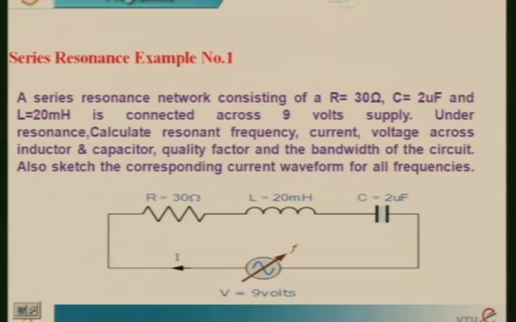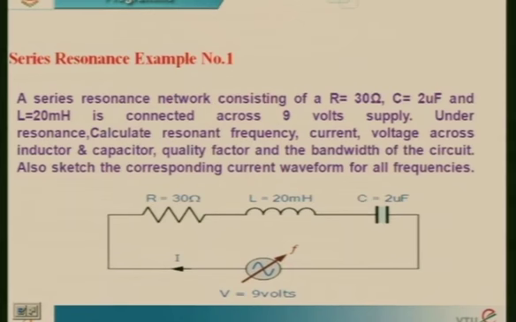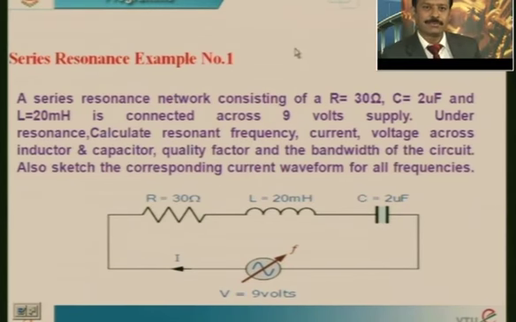Next, let us solve a few examples of series resonance and parallel resonance. In this first problem, a series resonance network consisting of resistance 30 ohm, capacitor 2 microfarad and inductance 20 millihenry is connected across a 9 volt supply.